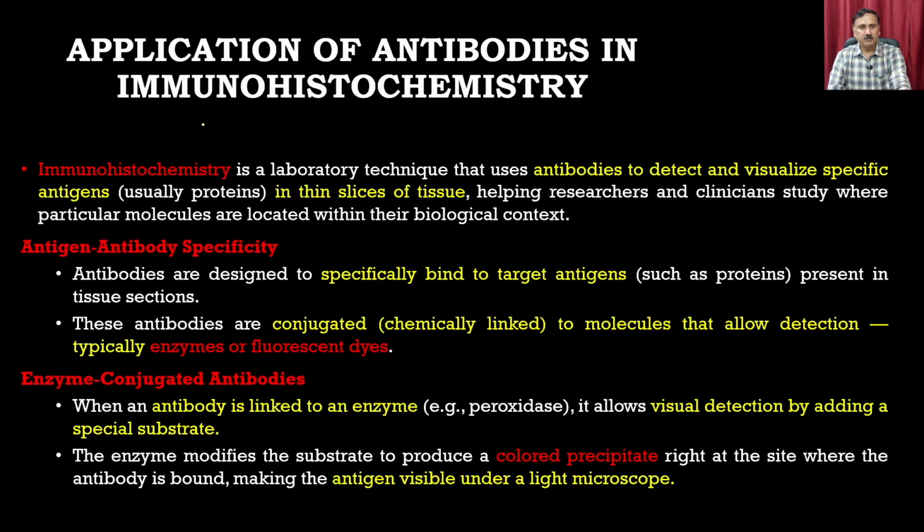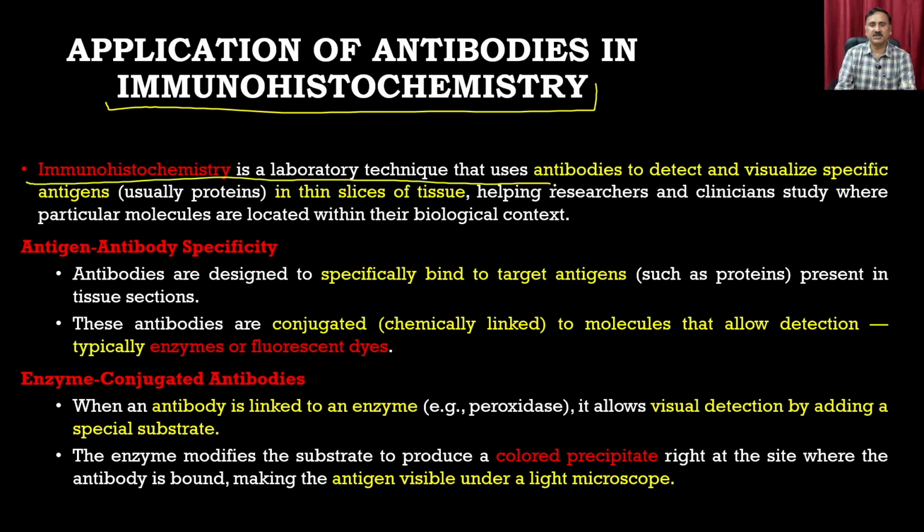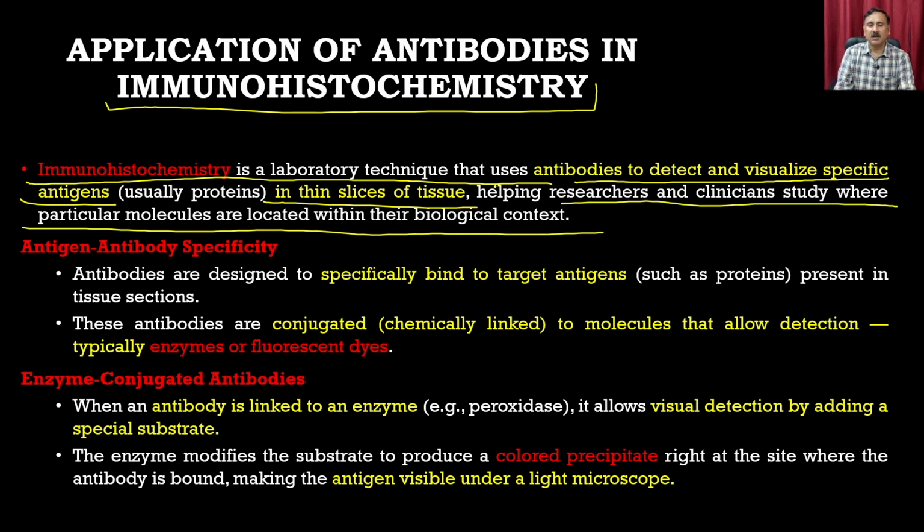Then you can also use the antibody for performing different types of experiments. You can use antibodies for immunohistochemistry. Immunohistochemistry is a laboratory technique that uses antibodies to detect and visualize specific antigens in thin slices of tissue, helping researchers and clinical studies see where particular molecules are located in their biological context.